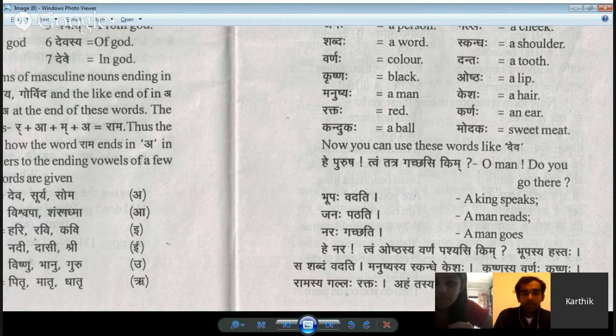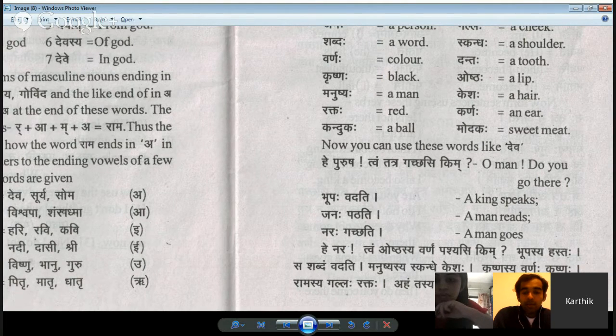So Keshaha is prathama. Keshaha asti. We already assumed the verb to be asti. The hair is there. Where is the hair? Location. Skandhe keshaha, on the shoulder, because skandha, shoulder, is locative.